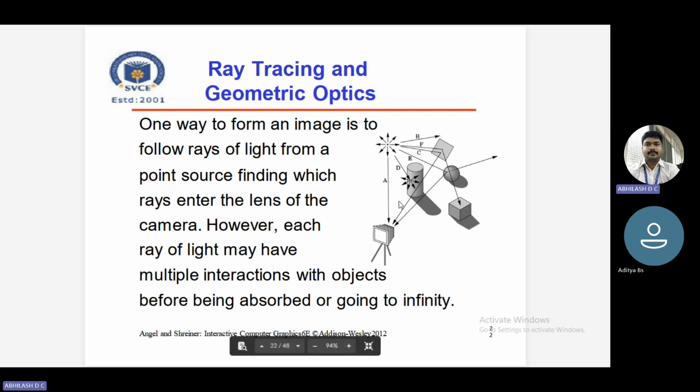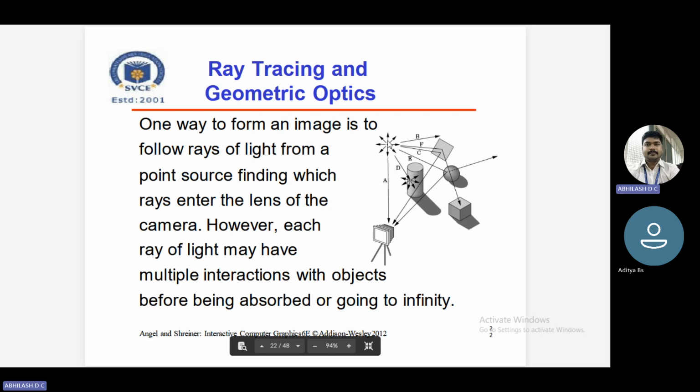Sunlight has rays which are spread over the place, so we have multiple rays of light falling. So what is a ray? A ray is actually a straight line of light which falls on an object.